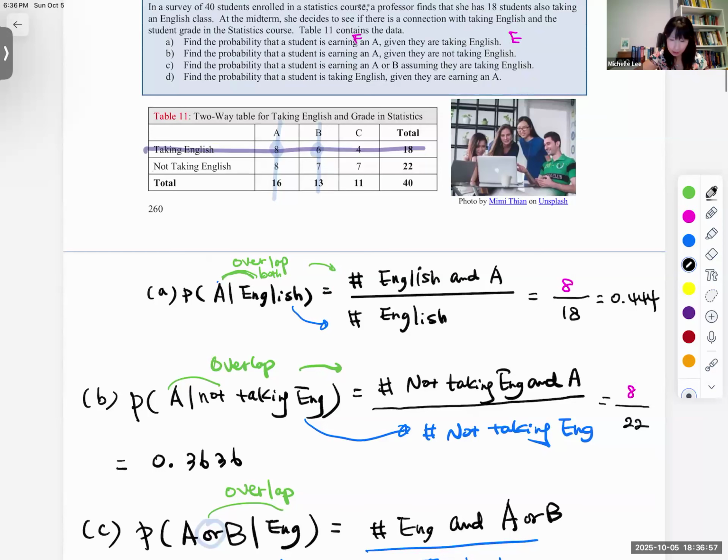Okay, let's do D. What does D say? They change the phrase, right? So taking English, given they are earning an A. Okay, let's do it.